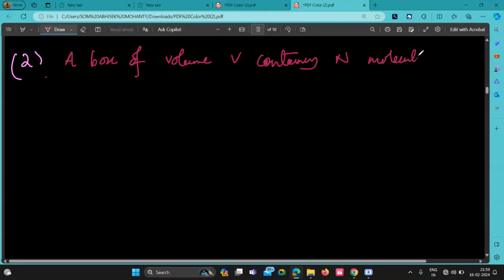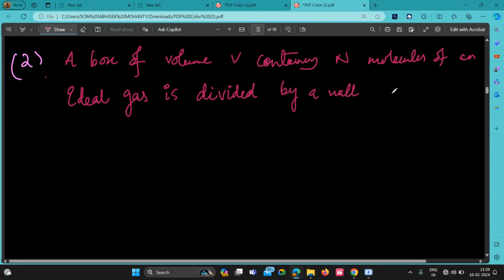Number 2. A box of volume V containing n molecules of an ideal gas is divided by a wall with a hole into two compartments.